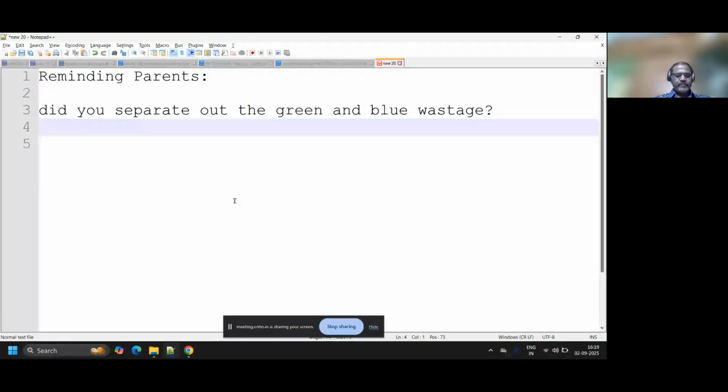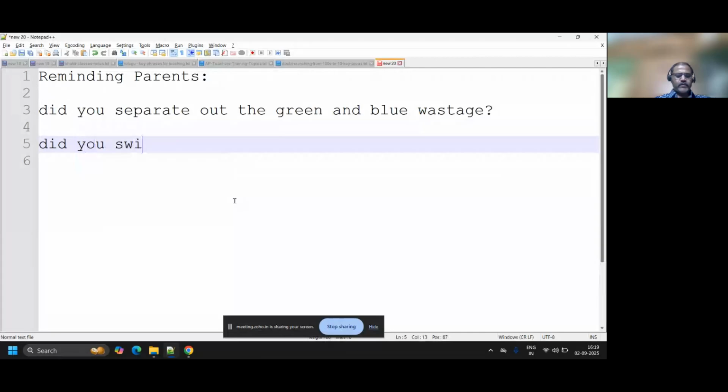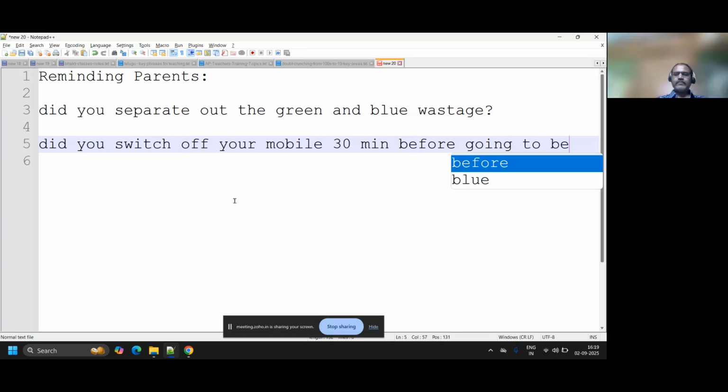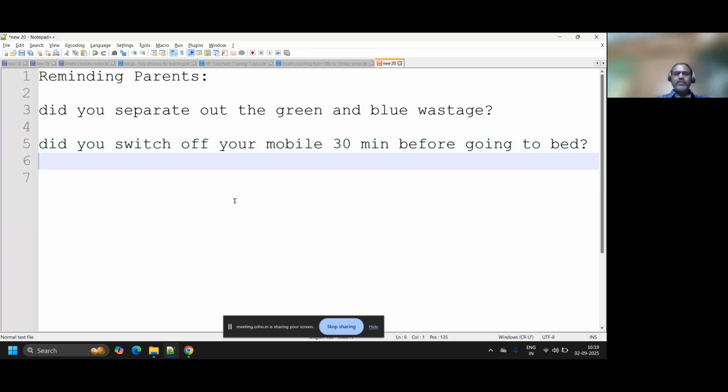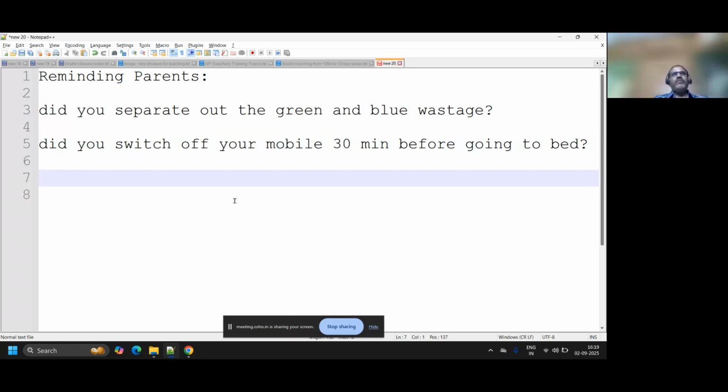Same way, did you switch off your mobile 30 minutes before going to bed? Or your kid should remind. If normally you are going to bed at 10 or 11 o'clock, imagine by 8:30 or 9 itself, your kid is reminding you.